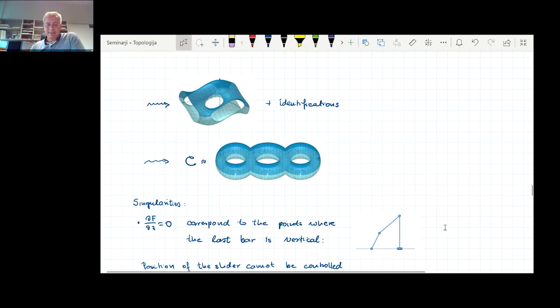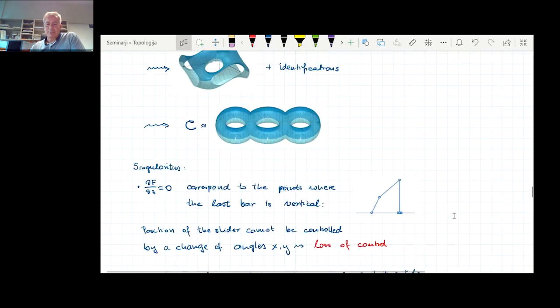So what happens in the position where the derivative with respect to the output coordinate is 0 is that you cannot control your device. You get some loss of control. Of course, this is very problematic. You don't want to pass through positions where you are not sure whether your mechanism or your robot is going to move left or right independently of what you do.